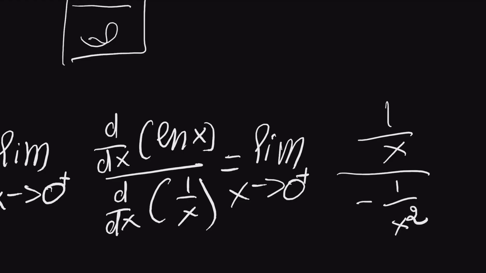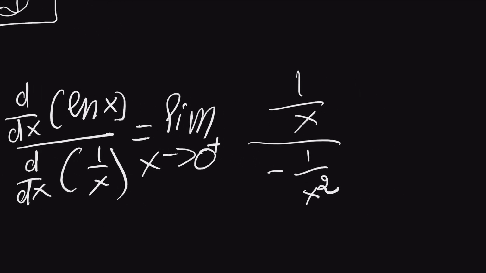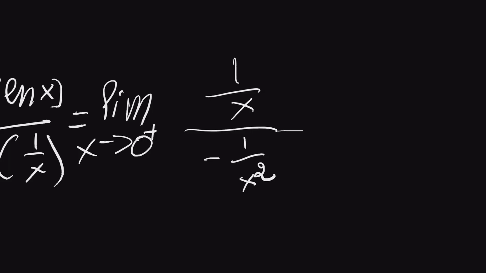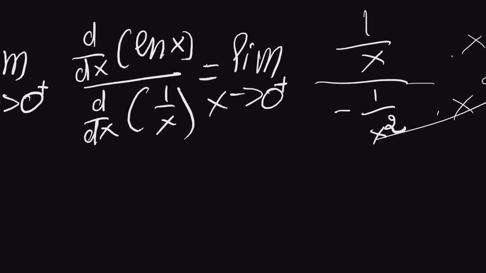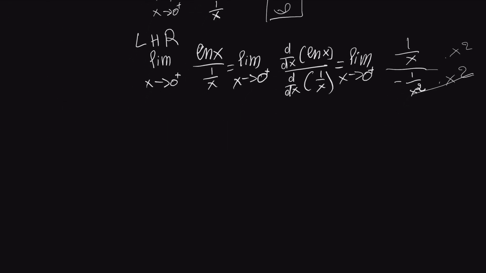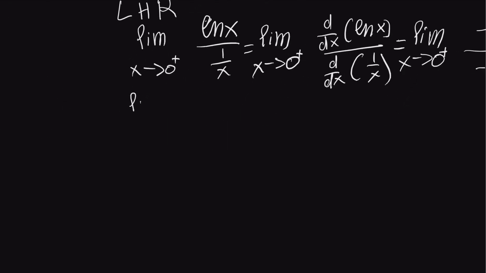We can simplify by multiplying both the numerator and denominator by x squared. In the denominator you end up with negative 1, and in the numerator you end up with x. So the simplified limit is the limit as x approaches 0 from the right of x divided by negative 1.